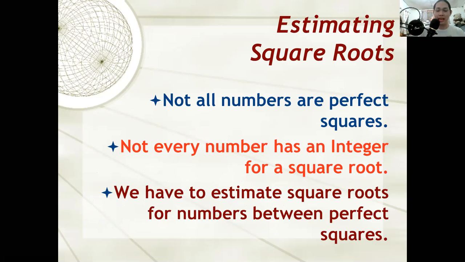Take down note of that. Another thing to remember is that we estimate the square roots of numbers between perfect squares. So we still use the concept of perfect square numbers to estimate square roots. That is so great, right?